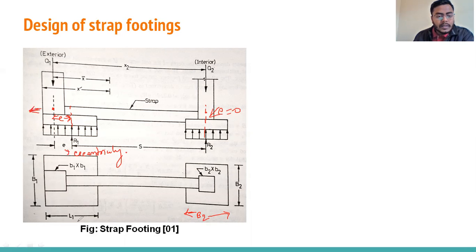Here L1 is the length and B1 is the width of this rectangular footing provided for the exterior column. Then a strap beam, or simply a strap, is provided. This is a beam design, connecting the first footing to the second footing so that the bending moment is transferred from the exterior footing to the interior footing.